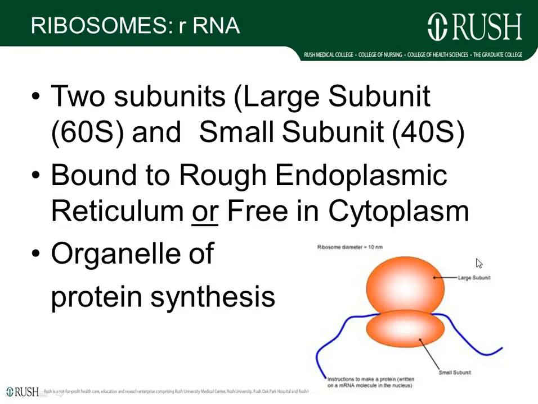Usually you find ribosomes bound to the endoplasmic reticulum, which is why it's called rough endoplasmic reticulum, or you can see them free in the cytoplasm in little chains called polysomes. These are the organelles of protein synthesis. That's their really only purpose.